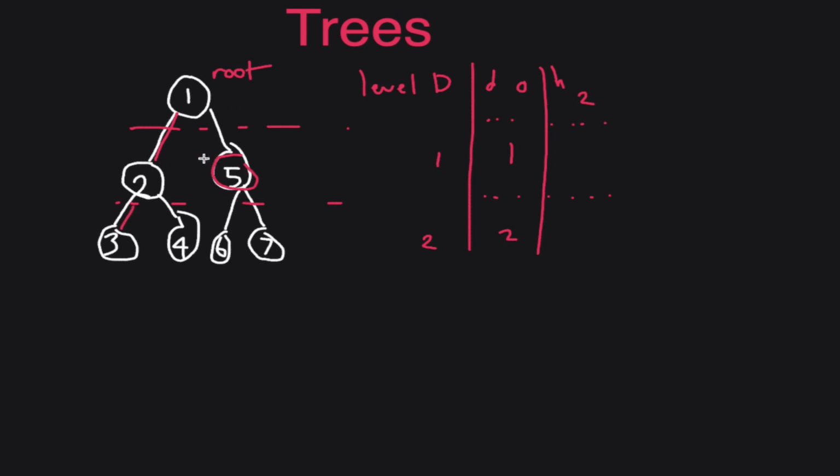If I'm on number 5, there's only one edge to get to the lowest node, so that would be 1. And here there's nothing below it, so there are no edges, and the height is 0.